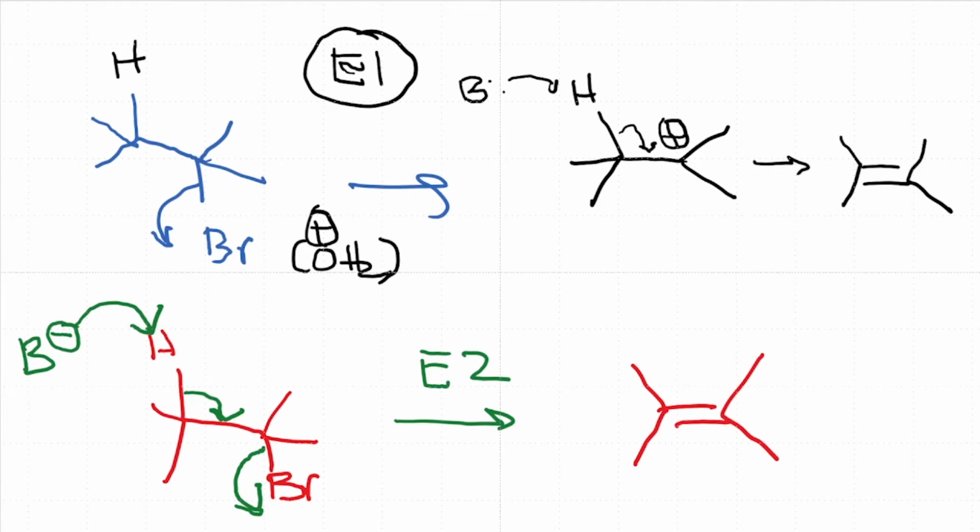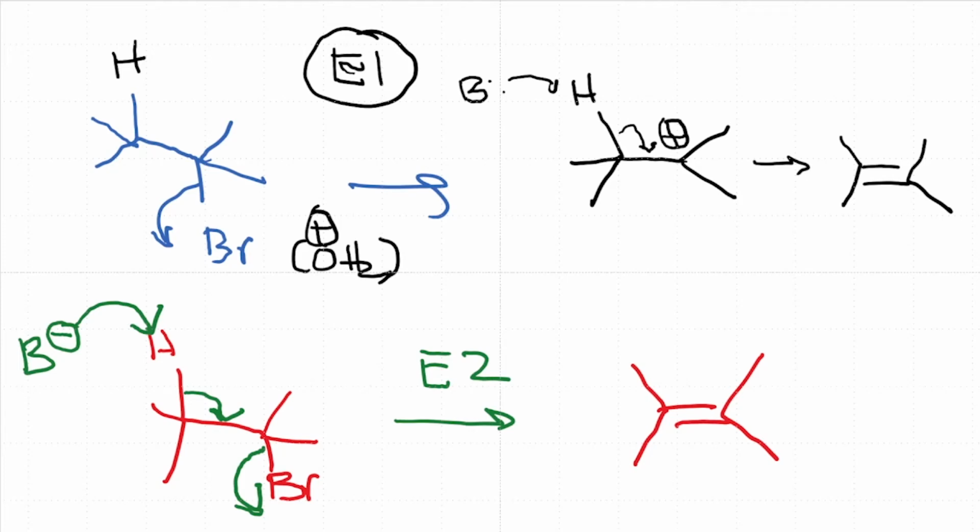So these are the two major classes of elimination mechanisms. There are some important differences. The first difference is in kinetics. E1 is a first order reaction, whereas E2 is a second order reaction that is dependent on both the reactants, that is the base as well as the bromide or halide. The second important mechanistic aspect is that E2 is a concerted, single step reaction, whereas E1 is a multiple step reaction.